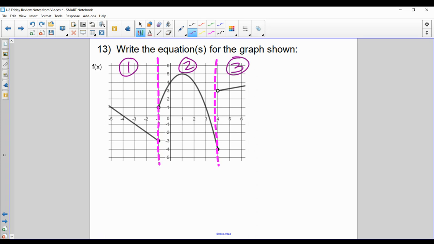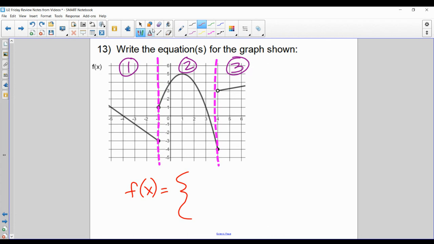Okay, so I'm going to start this out by saying f of x, and it's going to be equal to, and then I'm going to put this bracket, this set marking, so that I can see there's going to be three different things happening. So I'm going to have both an equation and a domain restriction for each one.